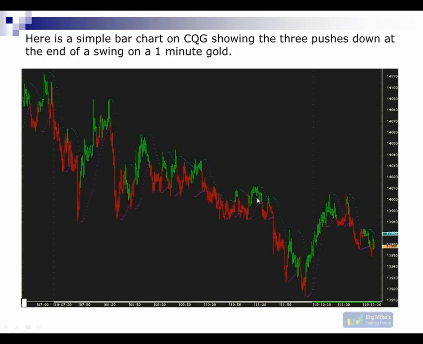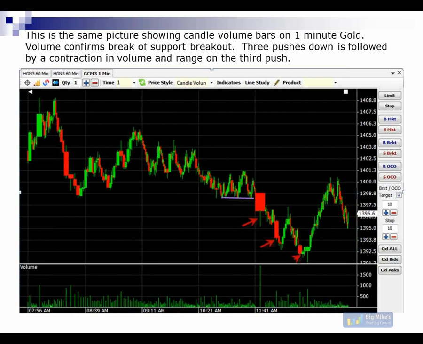This is a 1 minute chart of gold, and now back to Dick Arms's equivolume charts. Remember, he originated these back in the early 80s, and it's very much like a candlestick chart, except the width of the bar is adjusted for the volume. So here we see the same type of chart. We just call them candle volume charts now, and it gives an entirely different feel.